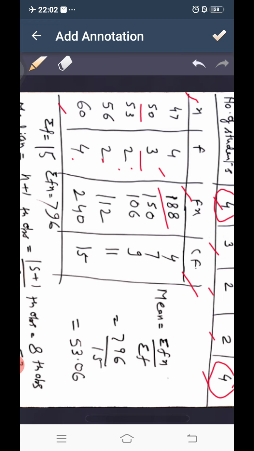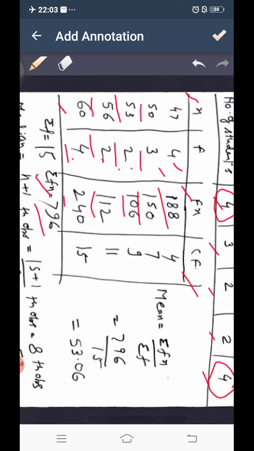Then 50 into 3, 150. 53 into 2, 106. 56 into 2, 112. 60 into 4, 240. This we have got fx. Now we can find out sigma fx also. We get the sum 796.